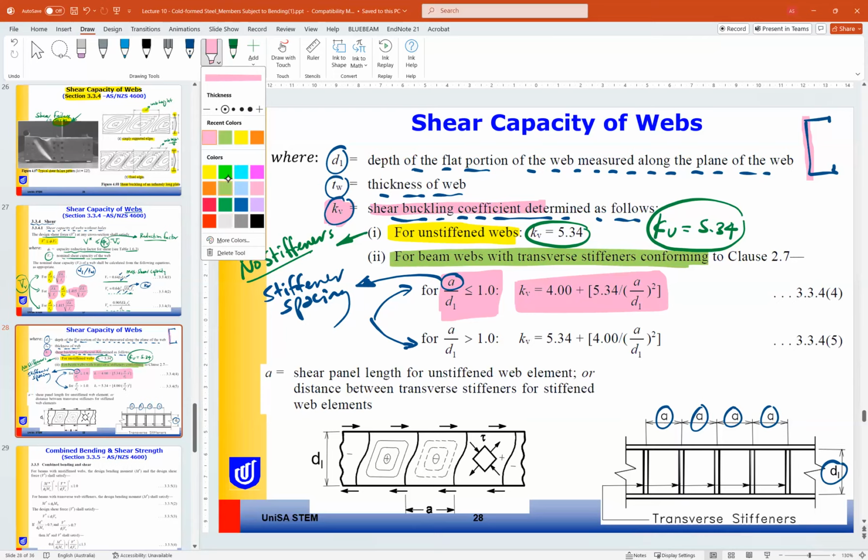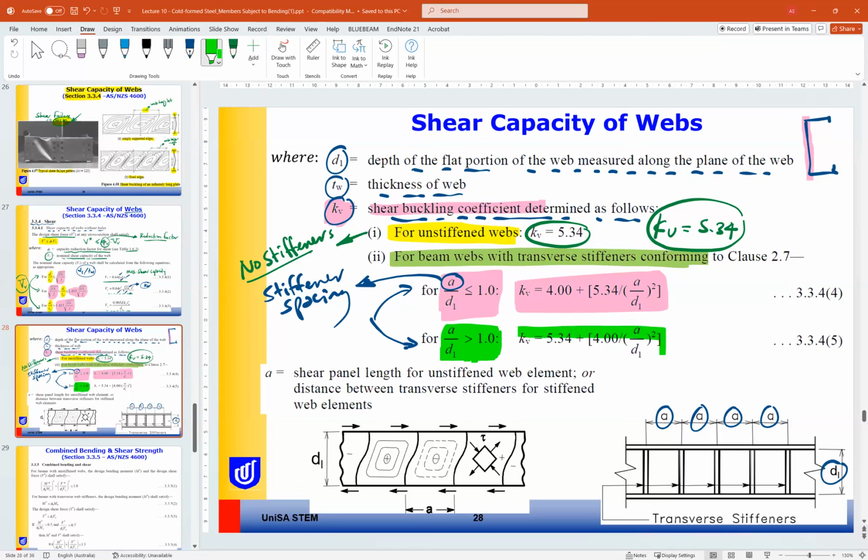If it is more than 1, it is 5.34 plus 4 divided by A over D1 all squared, where A is the shear panel length for an unstiffened web, or the distance between transverse stiffeners for stiffened web elements.